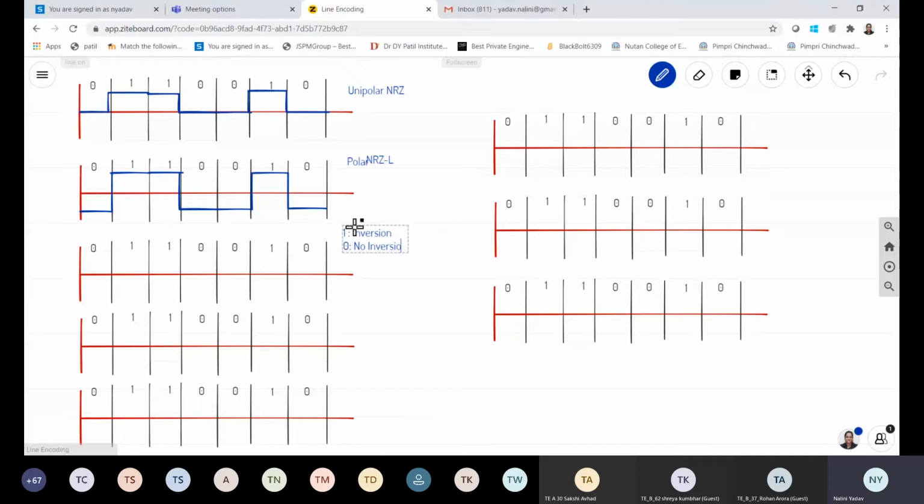Correct? Whenever you are drawing this, you have to mention the scheme on the paper also. So which is this method? It's NRZ-I, that is NRZ inversion. It's polar NRZ-I. Correct? So for 1, I will do the inversion. For 0, there will not be any inversion. It is clear. I hope the board is visible to all of you.